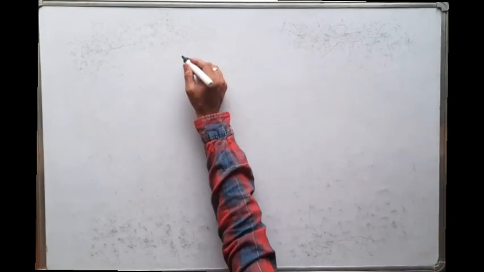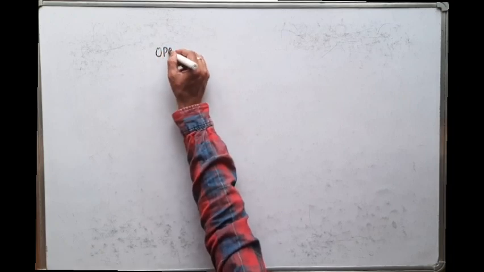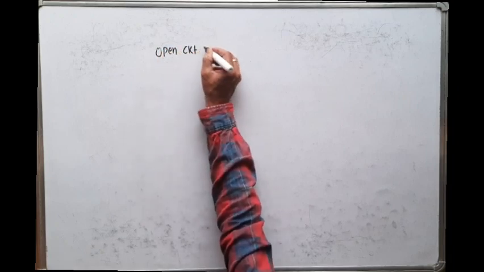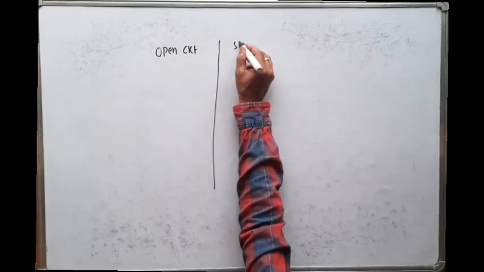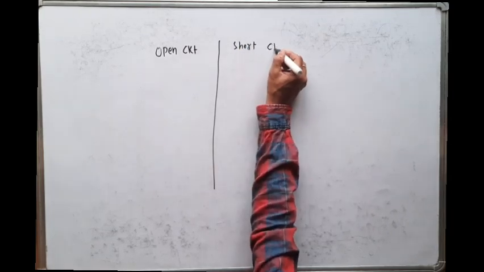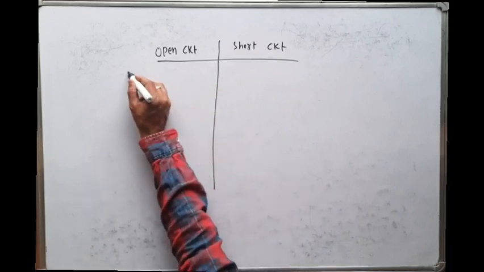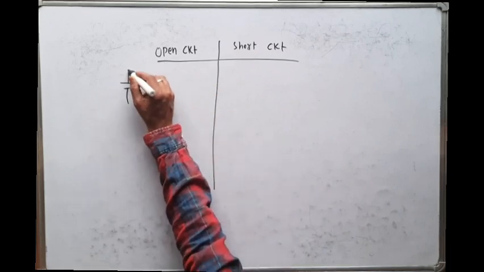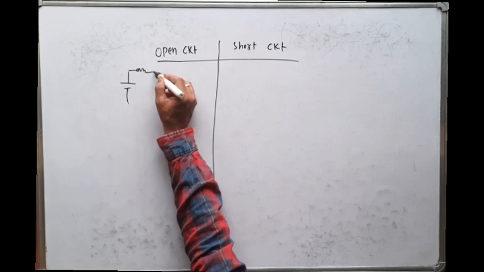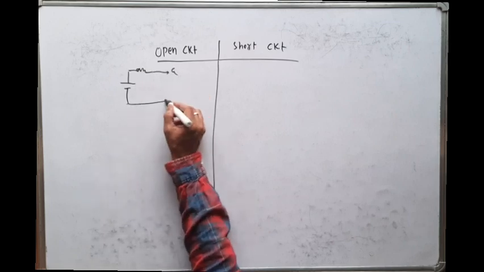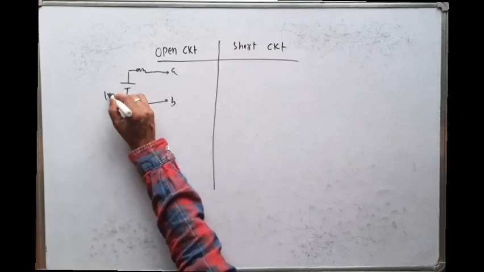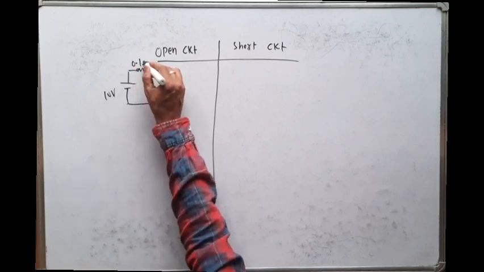Now we will see what is the difference between open circuit and short circuit. Suppose we take the same problem. This is the A terminal, this is the B terminal, this is 10 volt, this is 0.1 ohm.